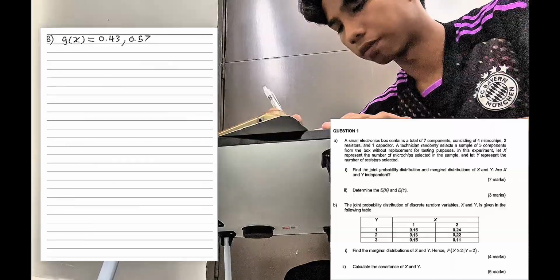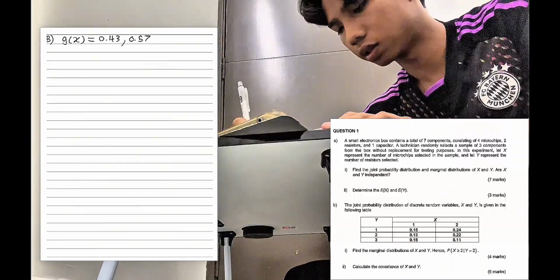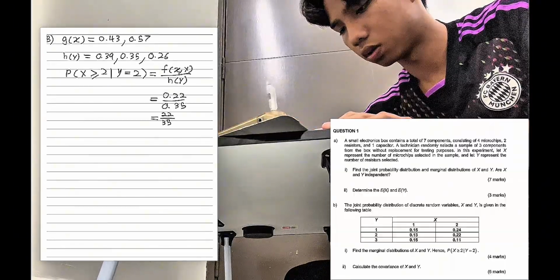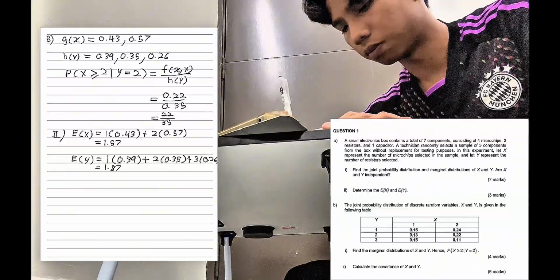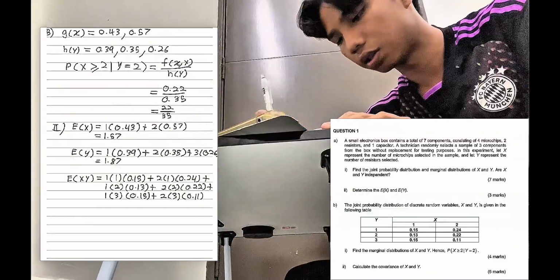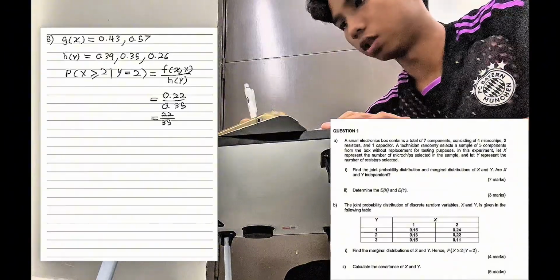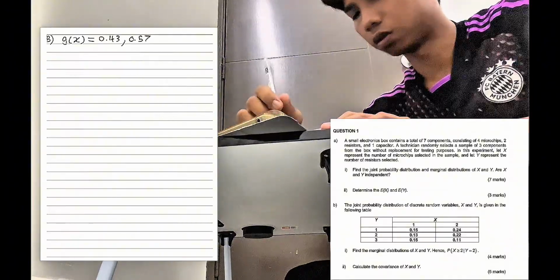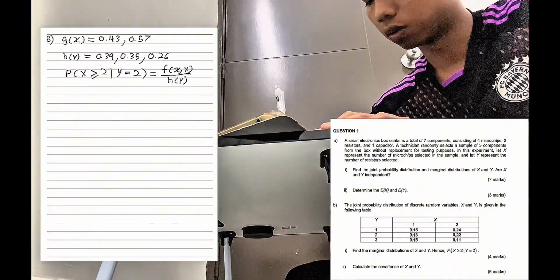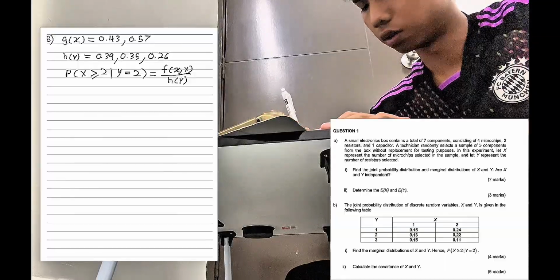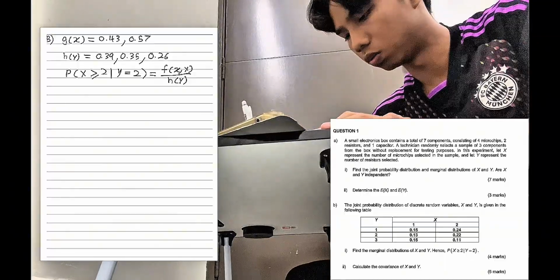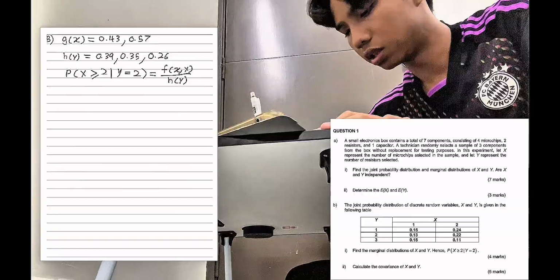Okay, for question 1b, from the given table, I can find the marginal distribution of Y equal to 1, Y equal to 2, and Y equal to 3. And next is for X equal to 1 and X equal to 2.